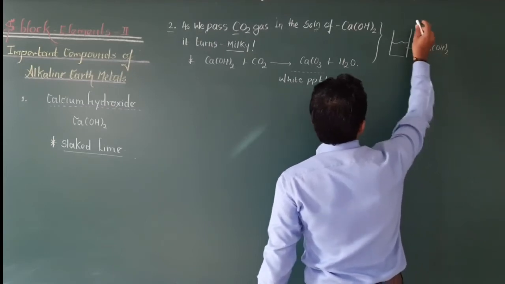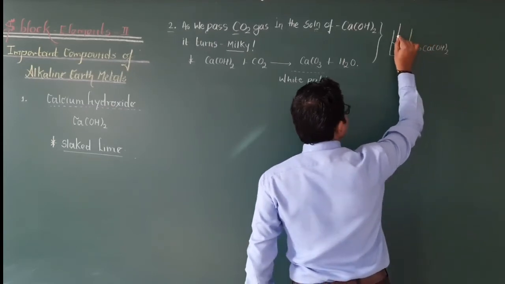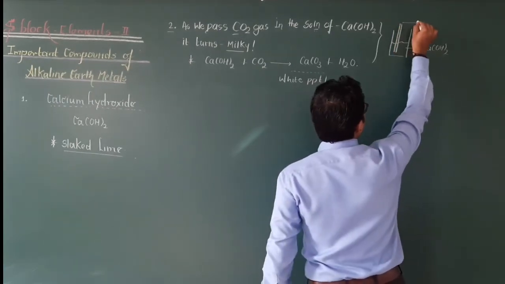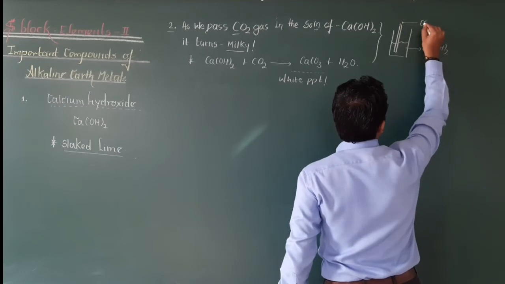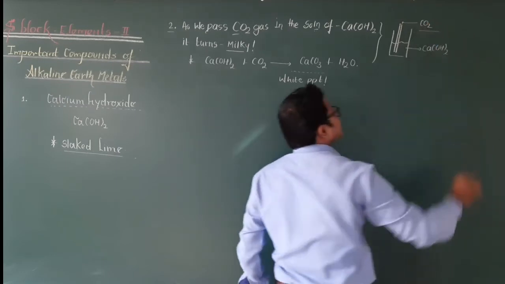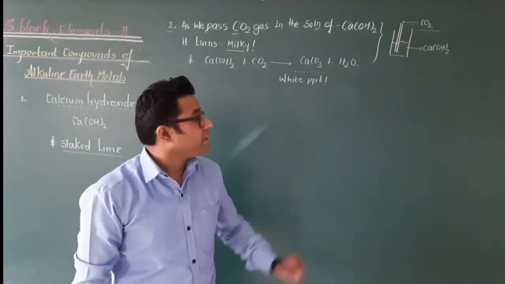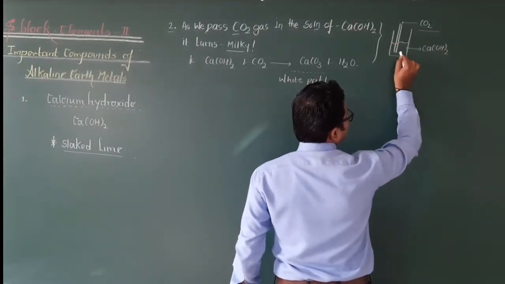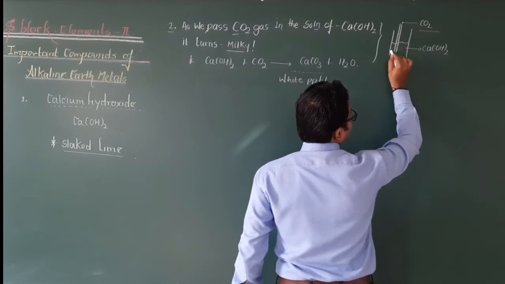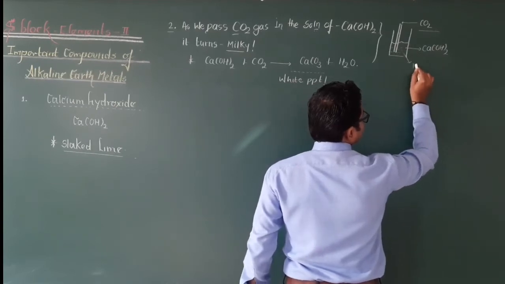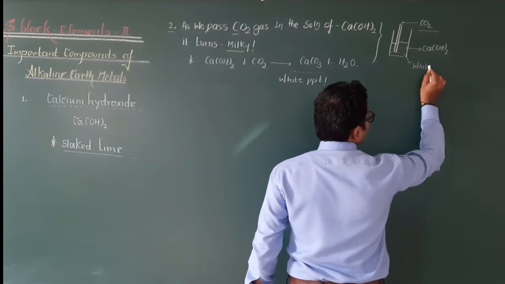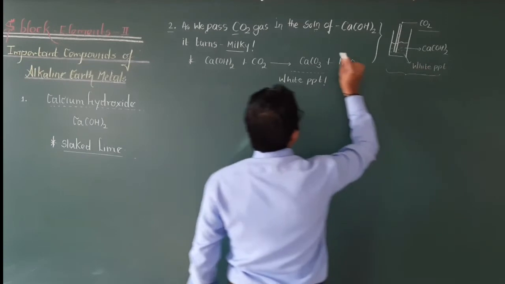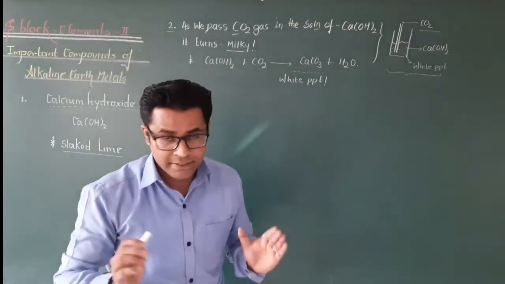To this solution of calcium hydroxide, we have inserted a pipe, and through this pipe we are going to pass carbon dioxide gas. So when this carbon dioxide gas moves inside, it reacts to give us a milky white precipitate, due to which this entire thing becomes milky white in appearance.